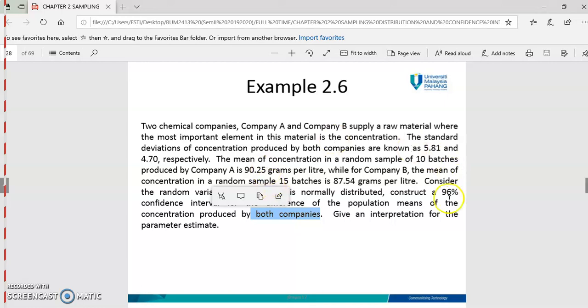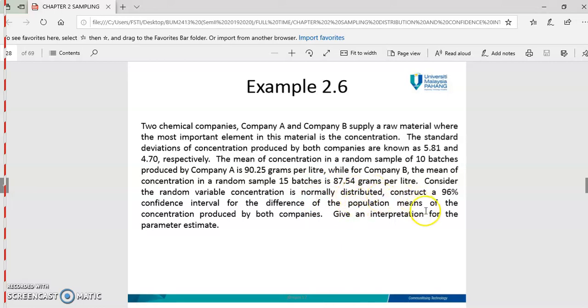If the question is specific, for example, of the concentration produced by company A and company B, then it is compulsory to do X bar A minus X bar B. If you do B and A, then there will be a penalty.